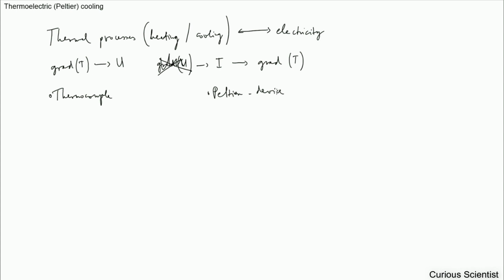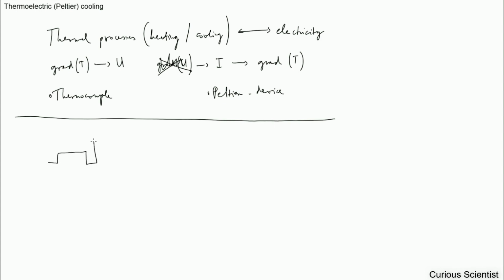So what is the science behind this? So the science behind this is the following. I said that you have different materials joined together. So let me draw a simple sketch.